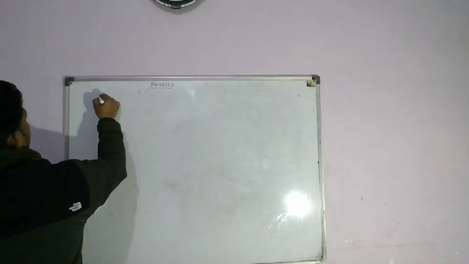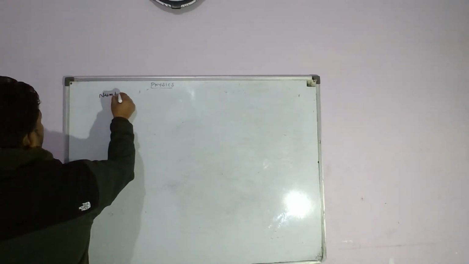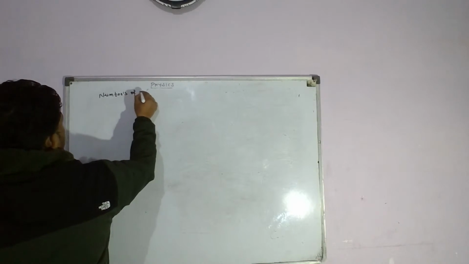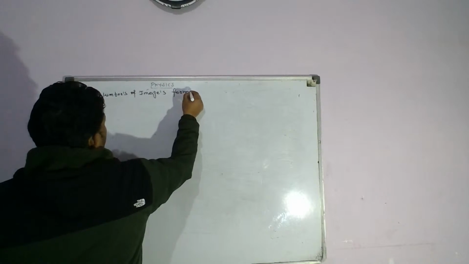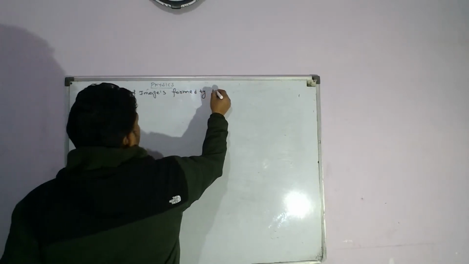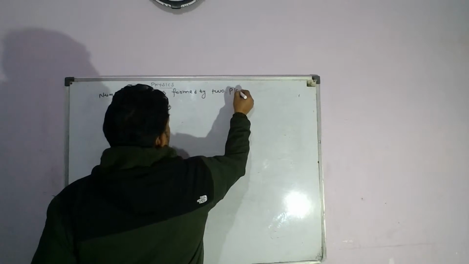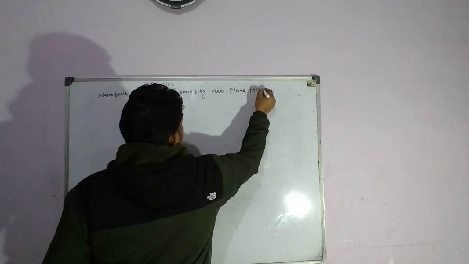So the question is, number of images formed by two plane mirrors, meaning how many images are formed by two plane mirrors.